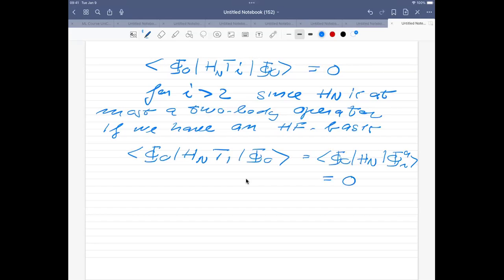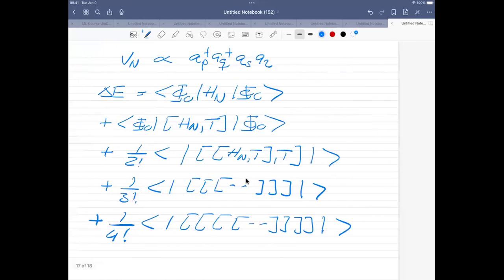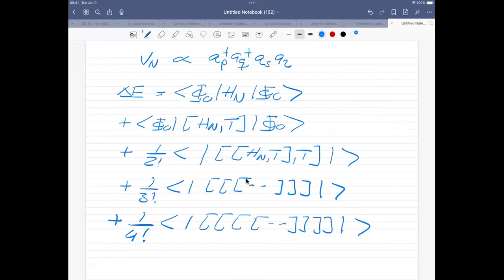So if we have a Hartree-Fock basis, then there are specific terms which will vanish. Now, if we limit the calculation to the T1 and T2 level, so T is equal to T1 plus T2, then what we have to keep track of is that we are going to get contributions from delta E_N. But remember that when we have a new vacuum state, H_N acting on phi 0 is equal to 0.